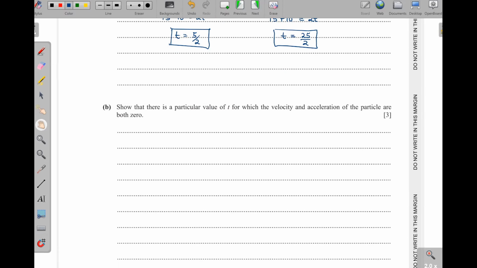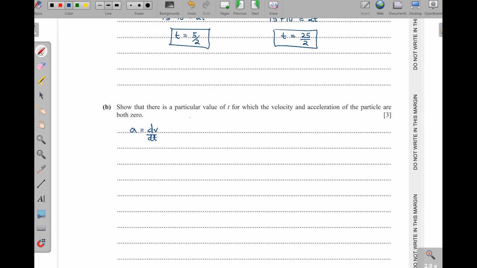Then part B, they are saying that show that there is a particular value of t for which the velocity and the acceleration of the particle are both equal to 0. Now, you know that acceleration is equal to the rate of change of velocity. So it will be dv/dt.